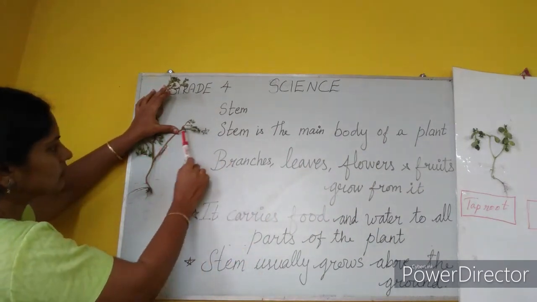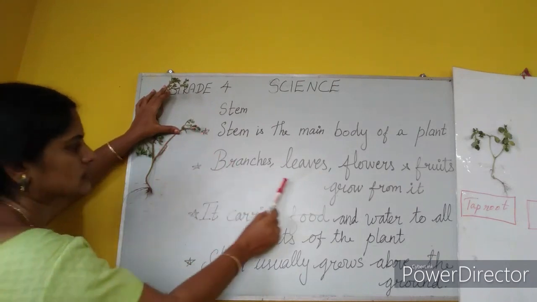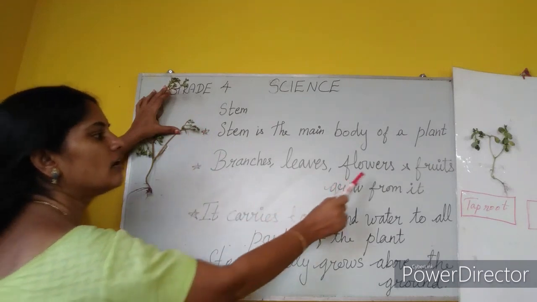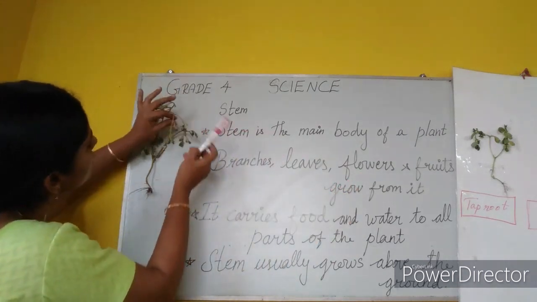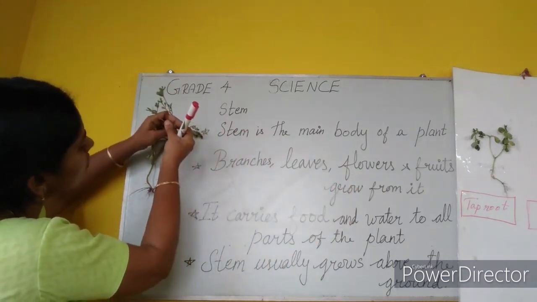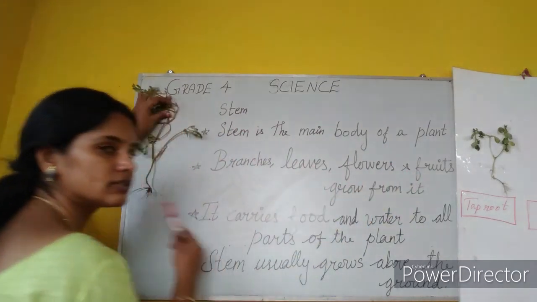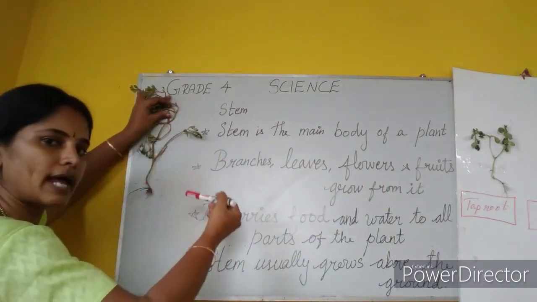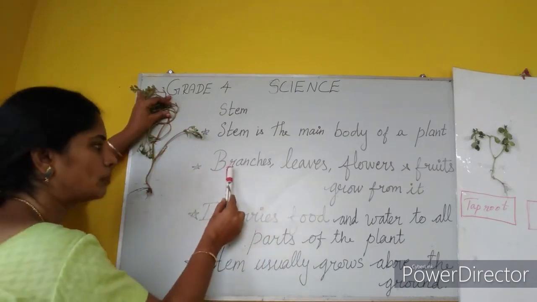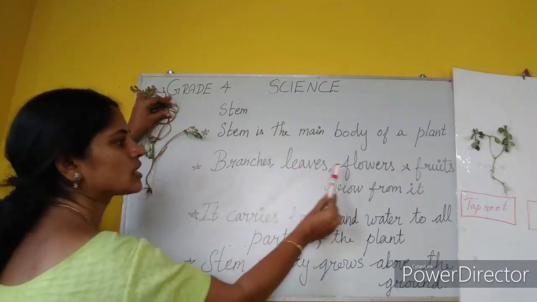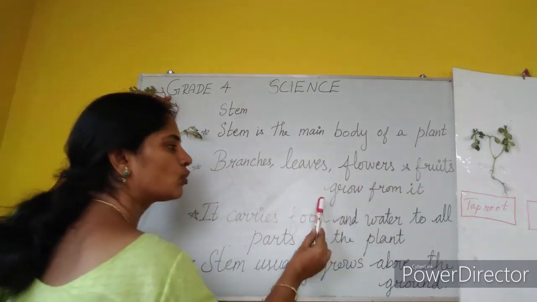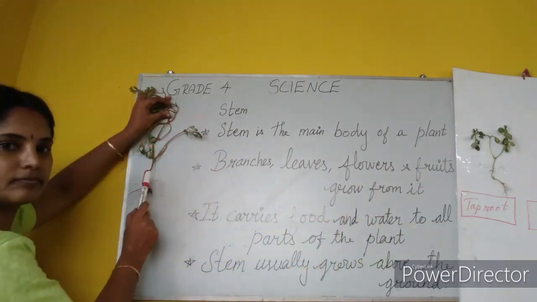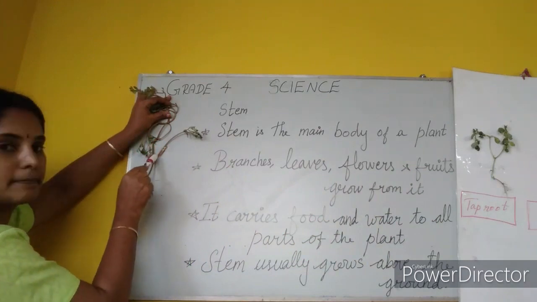Branches, leaves, flowers, and fruits. It is a small herb, so there is no fruit, but in a big plant, it has fruits. So branches, leaves, flowers, fruits grow from the stem. This is the stem.